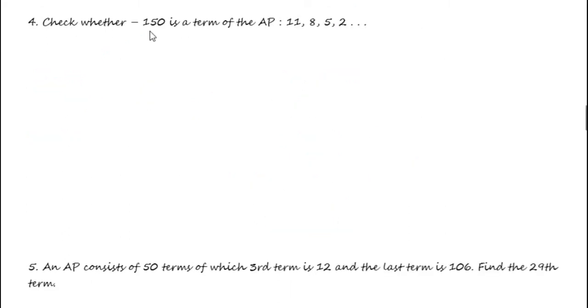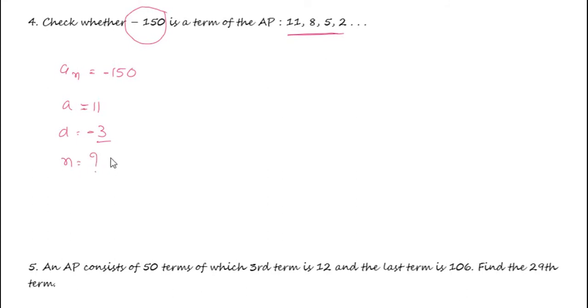Check whether minus 150 is a term of the AP 11, 8, 5, 2. Let us take this as the nth term of the AP, that is an. a equal to 11, d equal to 8 minus 11, that is minus 3. We have to find out n.